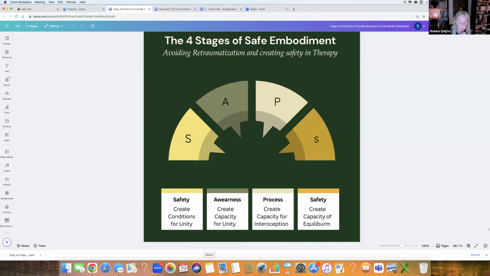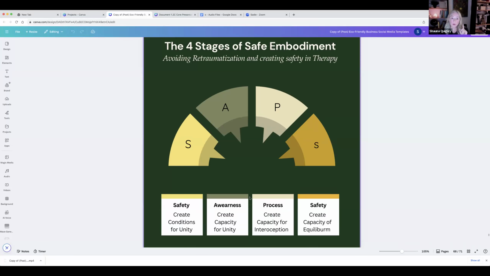In that situation, if I bring up SAPS again, I want us to have a look at her capacities here. Now, through this lens, I want you to think in this now, or in that experience, did she have safety in her experience of her body?